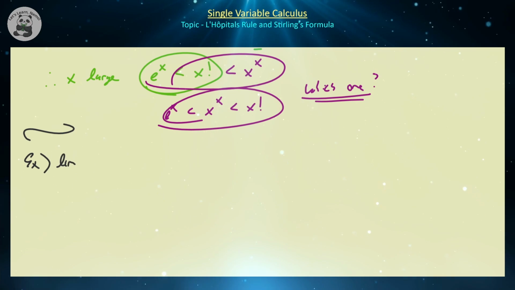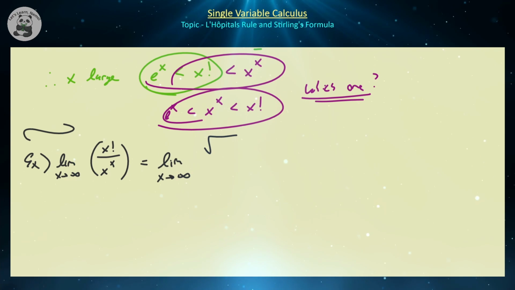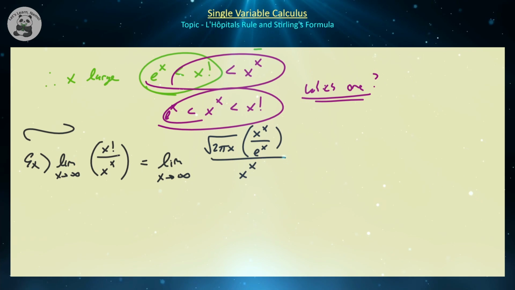So let's do the limit as x goes to infinity. Maybe pause this video and guess which grows faster, factorials or x to the x, i.e. tetrations. So let's put x to the x on bottom, because let's assume you believe that x to the x grows faster than x factorial, which means you're hoping that this limit is equal to 0. So using Stirling's formula, we can replace the top with the square root of 2 pi x times x to the x over e to the x, and on the bottom we have x to the x.